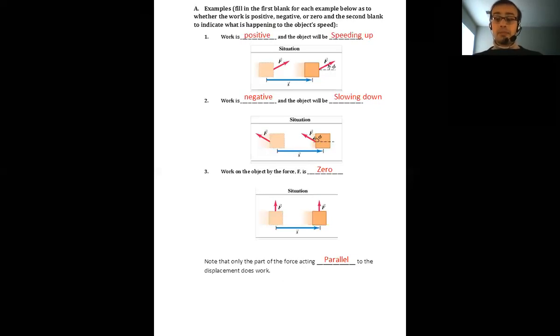To make things a little bit more complicated, if you have something sliding along and you have a force of friction and an externally applied force, both your externally applied force and that force of friction are doing work. The total work in that case, of course, is governed by the net force, but friction in this case would be doing negative work, and your applied force in this case would be doing positive work. Okay?